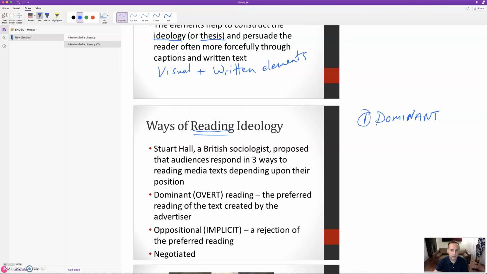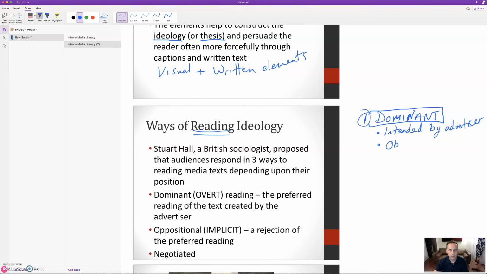So we're using basically 3 different words for the same thing. So the dominant reading is, as we discussed, the intended reading by the advertiser. So that's what they want us to see and to think.